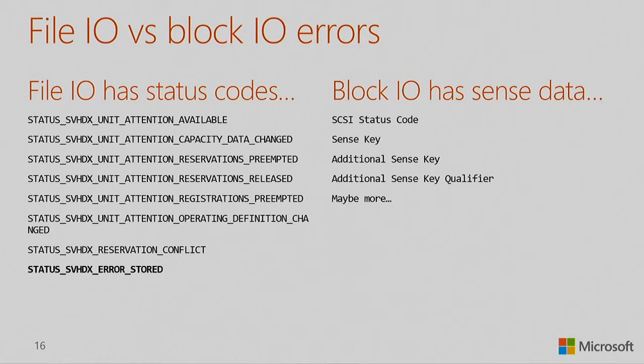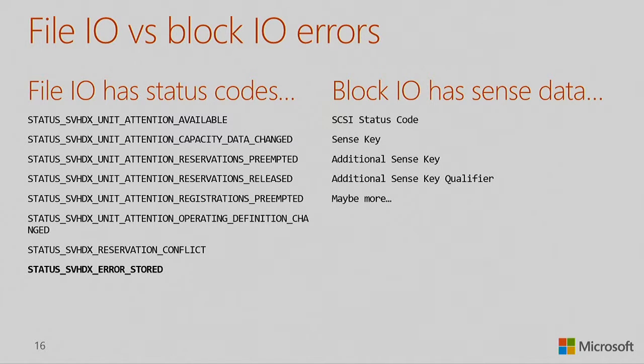For example, if there's unit attention available, we return that. If the capacity data of the underlying device has changed, we return that. If there's a reservation preempt or release or anything like that, we return that specific status code back, and there's no round trip. Send the SCSI read or write, get the special status code back, you're good to go.